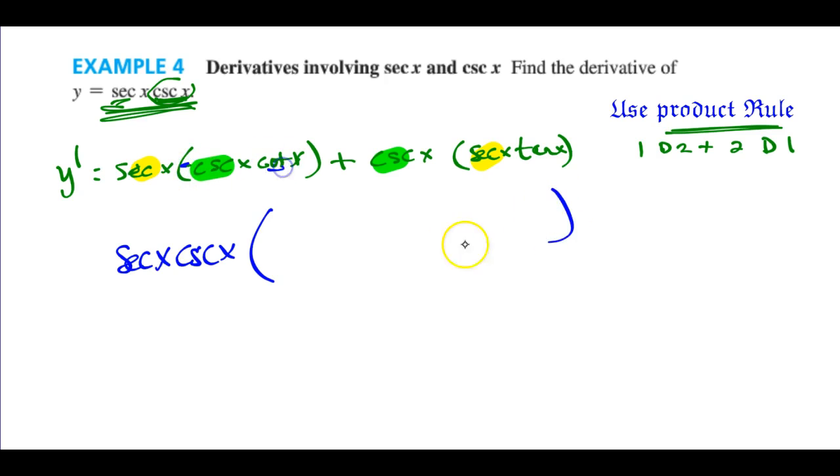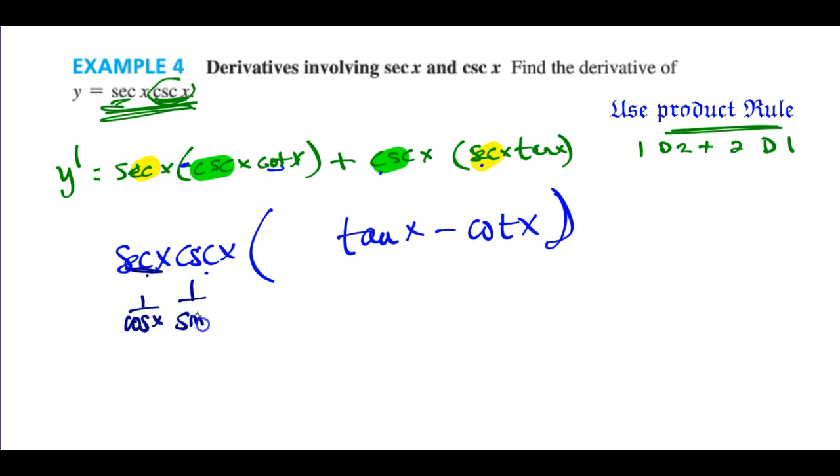But I do have a negative cotangent, and maybe I'll write that second, just because it looks a little bit nicer. So if the green and the yellow got pulled out, I'm just left with tangent. Now, that's a good answer, but I don't know. Maybe I could simplify it some more, because I know secant is really 1 over cosine, and this is 1 over sine. I don't know if I should try to switch to sines and cosines.